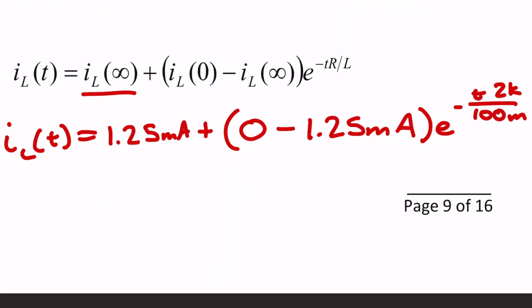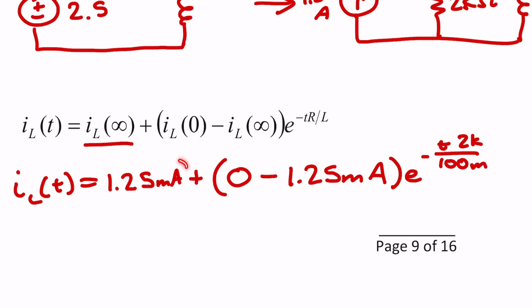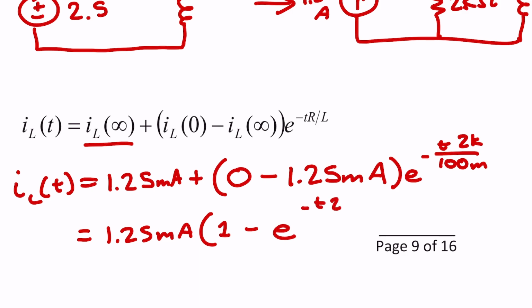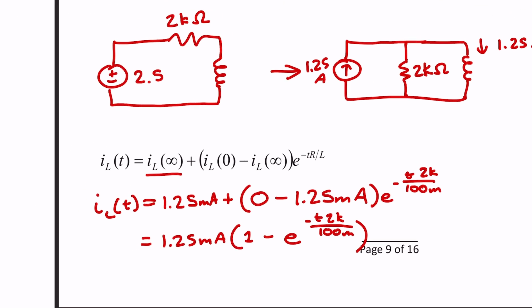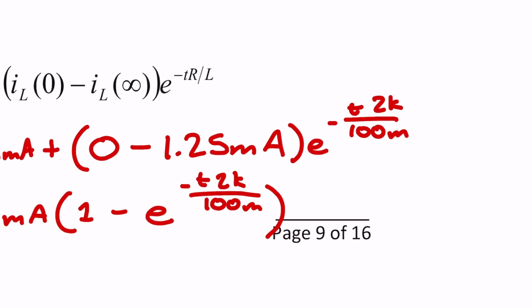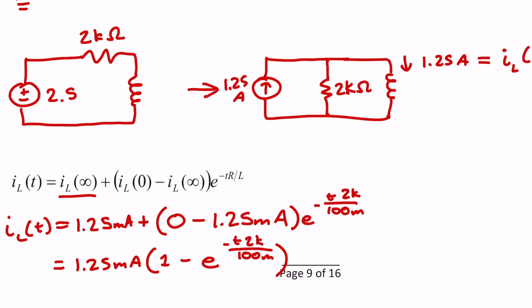We can simplify it a little. We know that these are the same numbers, so we could also write it as 1.25 milliamps times 1 minus e to the negative t times 2K over 100M. All right. Now, here's the thing. In the solutions, they simplify this down to 50 micro and they put it on the bottom. You could do that. You could leave it in this form.